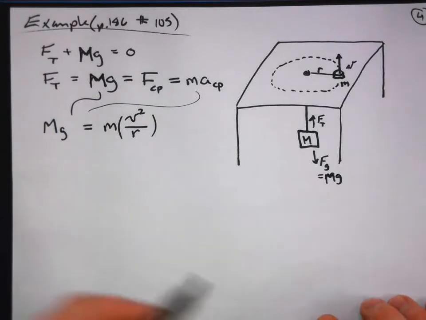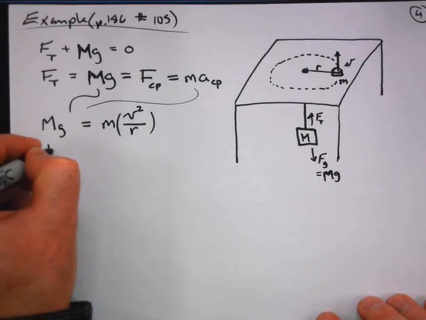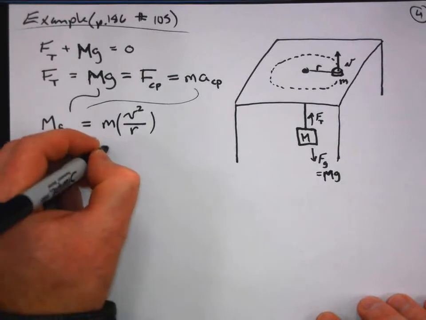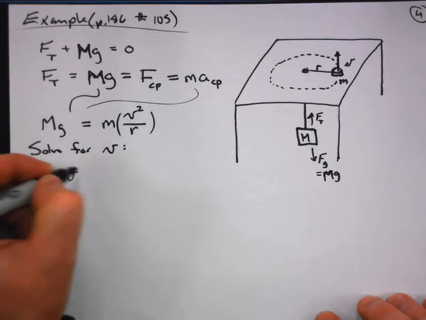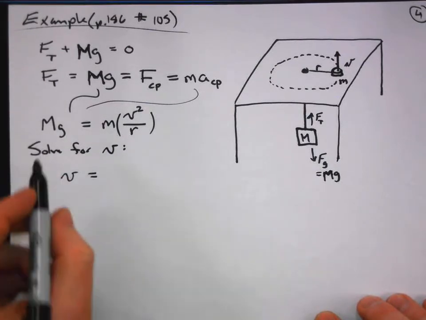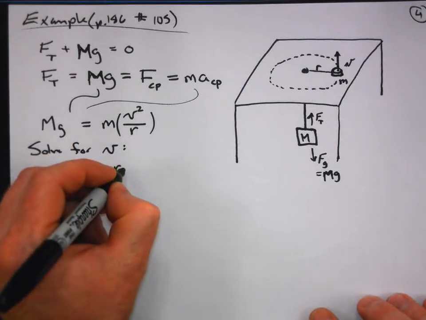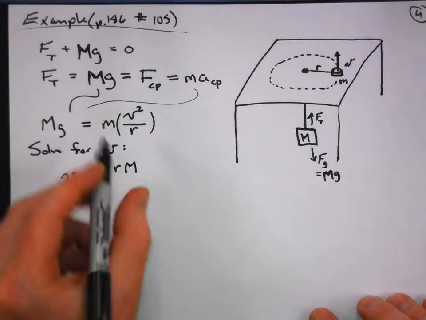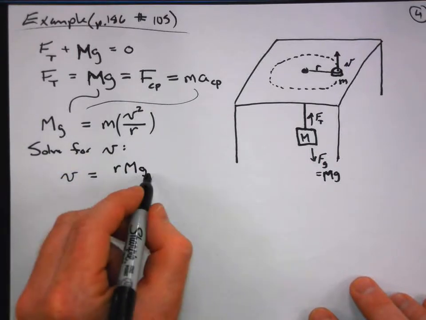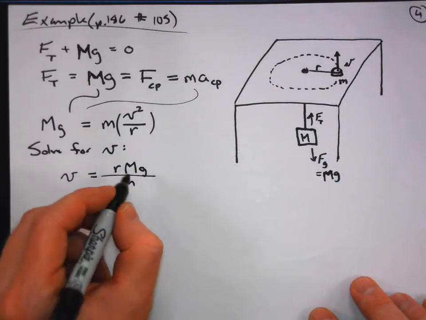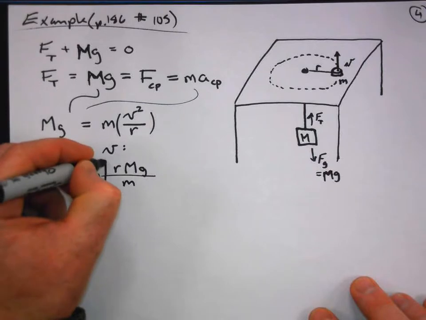And at this point, I simply need to solve for the velocity. And when I do that, rearranging things, I get velocity is equal to the radius times the mass of the large object times acceleration due to gravity, divided by the mass of the smaller object, this hockey puck, but this is all going to be inside a radical.